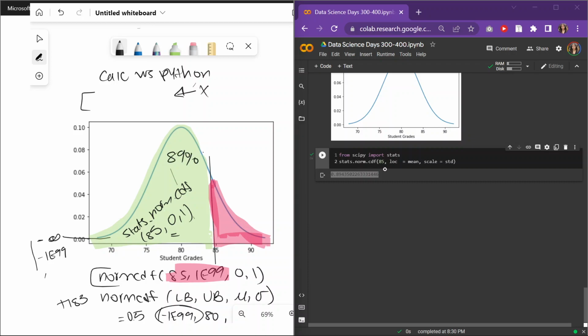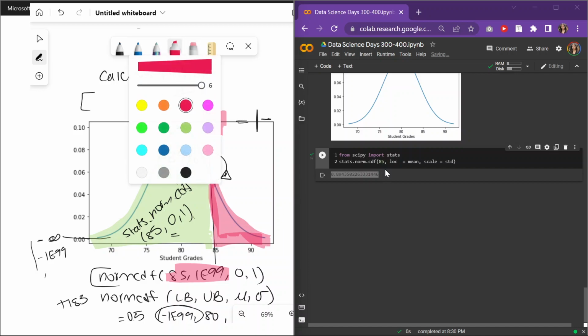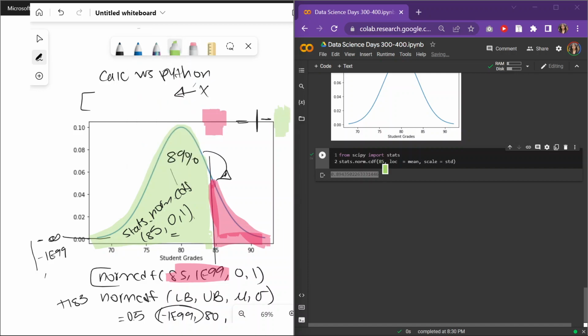So what do I have to do in order to get this red part? Well, in order to get the red part, the red part is equal to 1 minus the green, that 89%, or that 0.89.